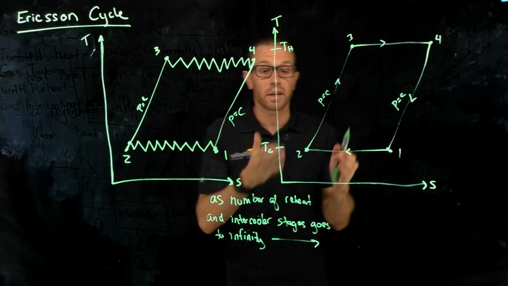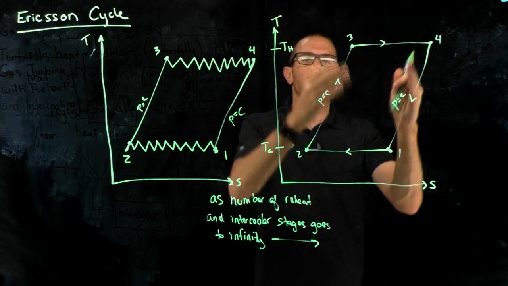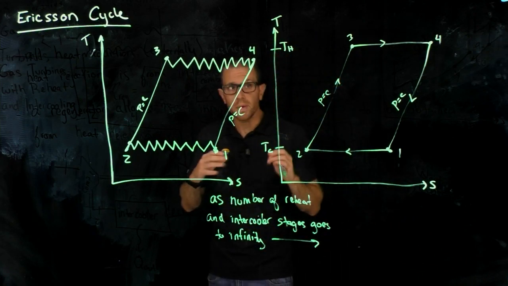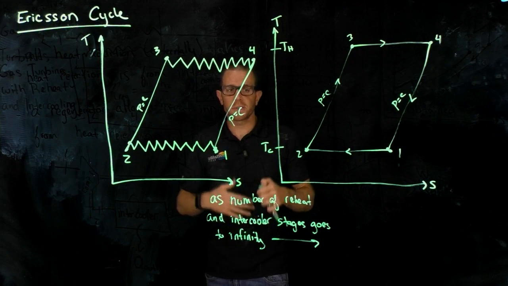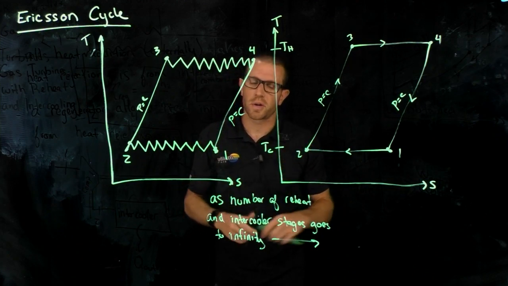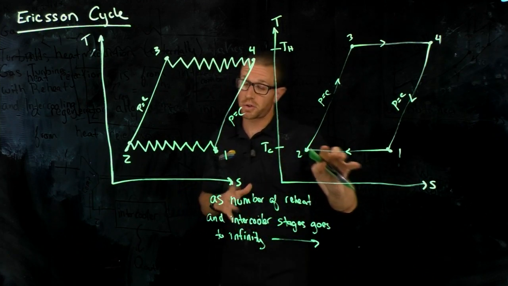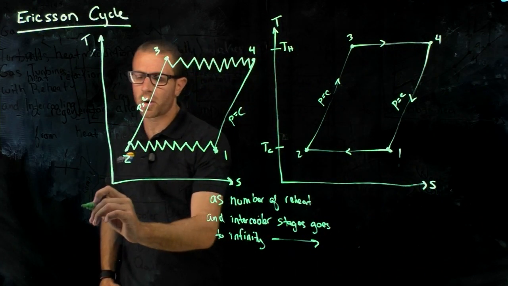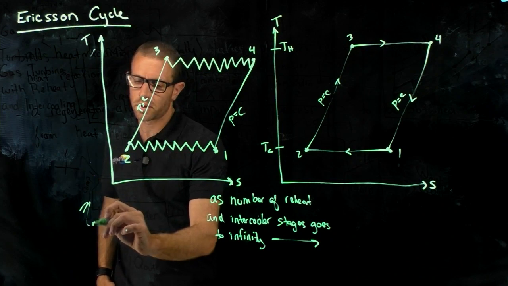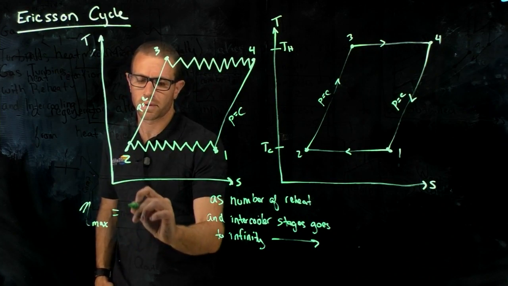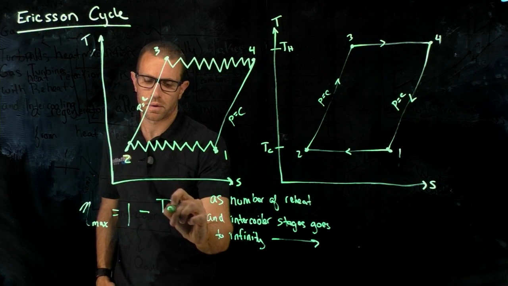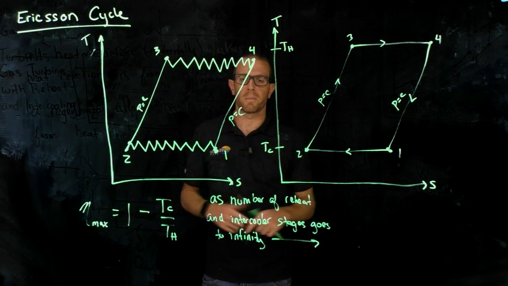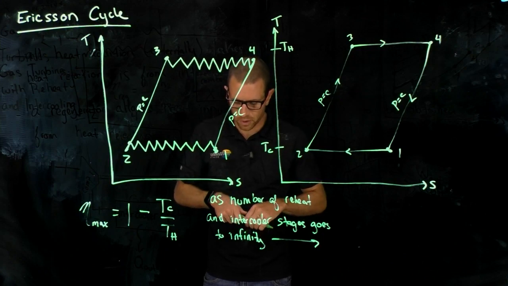In fact, I can treat my process from 1 to 2 and 2 to 3 as happening at a constant temperature. And if no irreversibilities are present and I'm transferring heat externally with my environment at constant temperature, then I'm beholden to the Carnot efficiency. So the efficiency of an Ericsson cycle is the efficiency of a Carnot cycle.